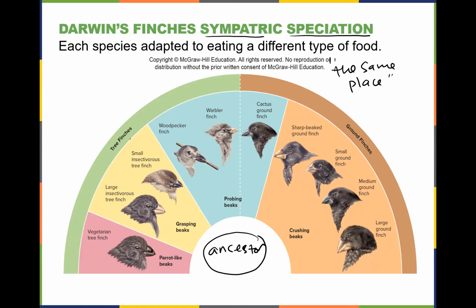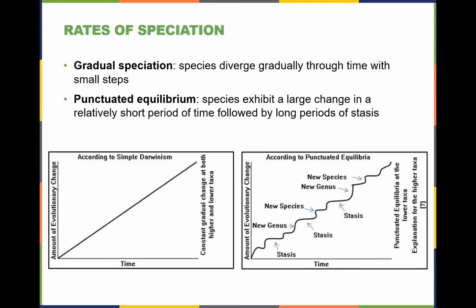So they can be divided into two types, tree finches and ground finches. The ground finches mostly have a bigger, thicker beak because they eat seeds, which are very hard. And many of the tree finches have a longer but thinner beak because they eat softer types of food. Okay, so that's the example of sympatric speciation.